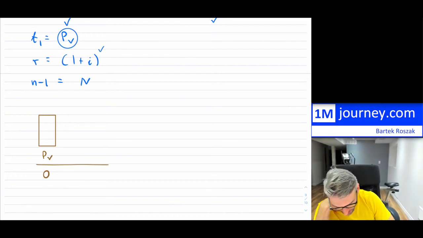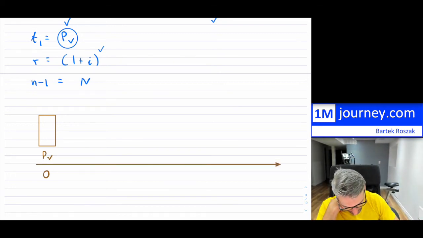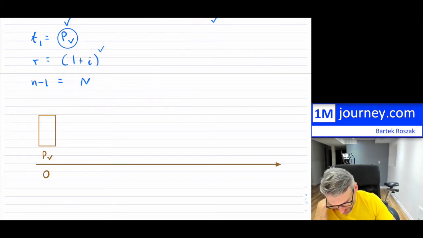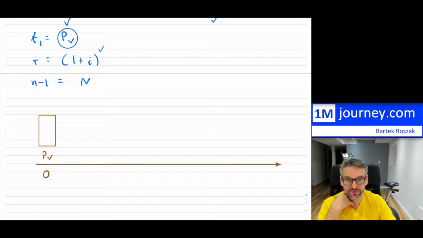And then as you keep going along, you're going to be growing this, so you're going to grow some interest amount. Now what's the interest?